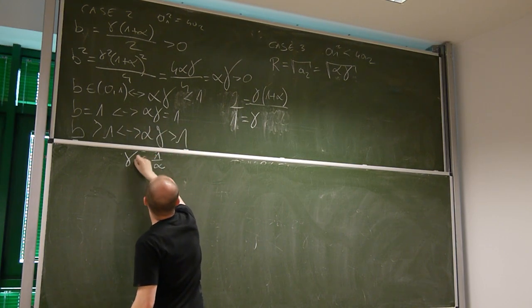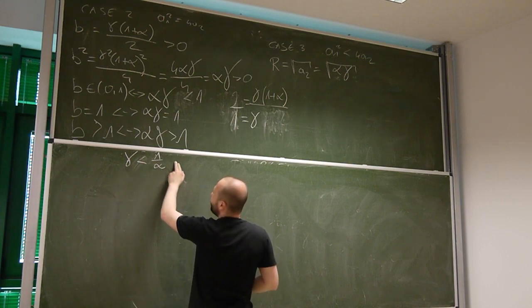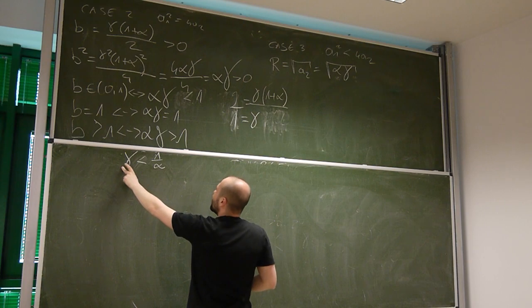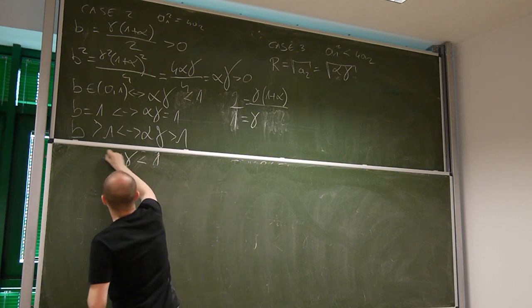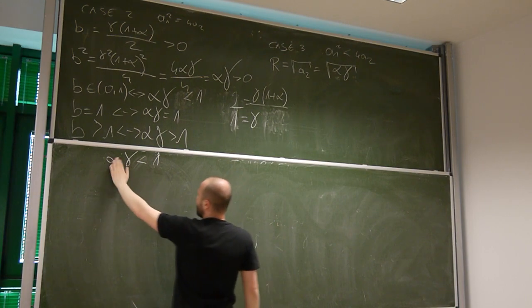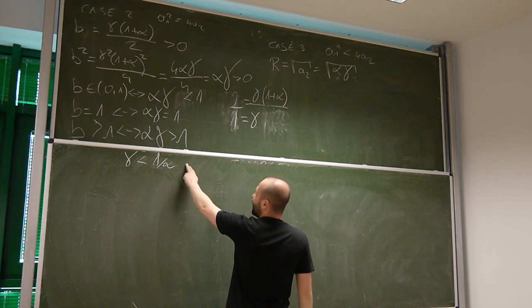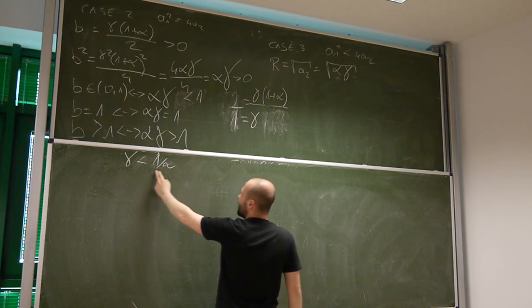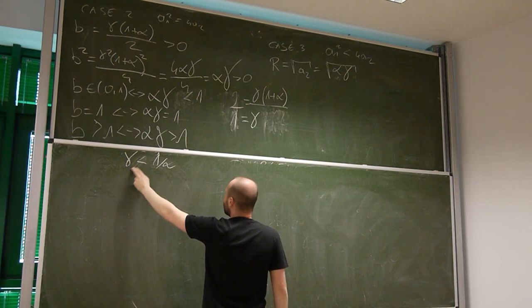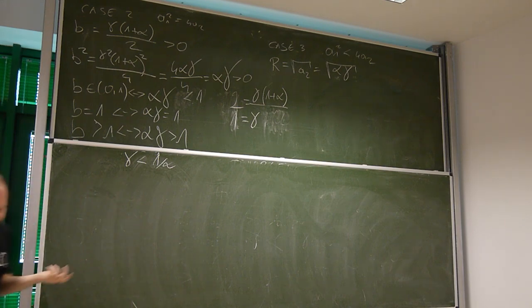Okay, look, let's start over here, right? If alpha times gamma is lower than 1 and all of them are positive, if I divide both sides by alpha, then if 1 over alpha is bigger than gamma, I have convergence.